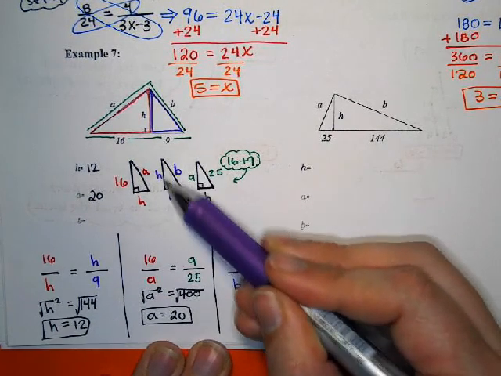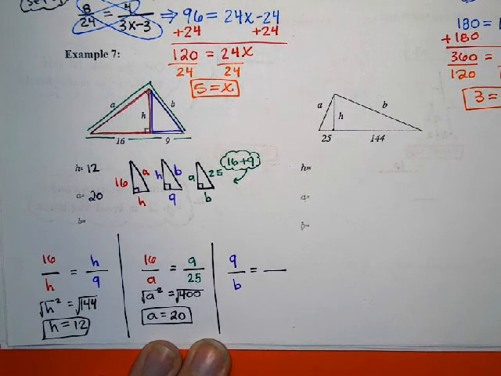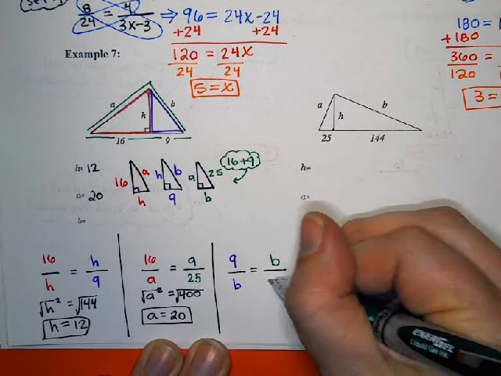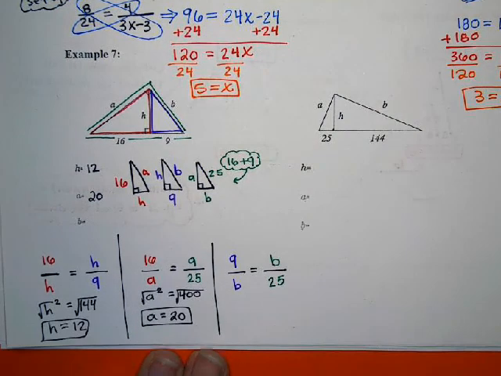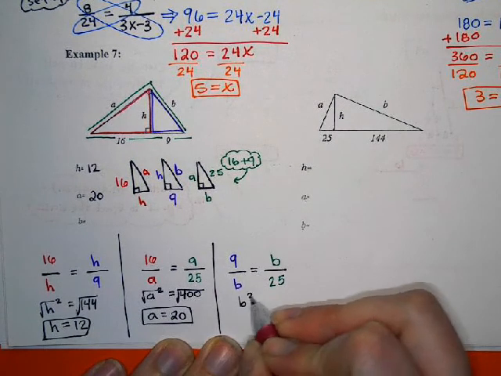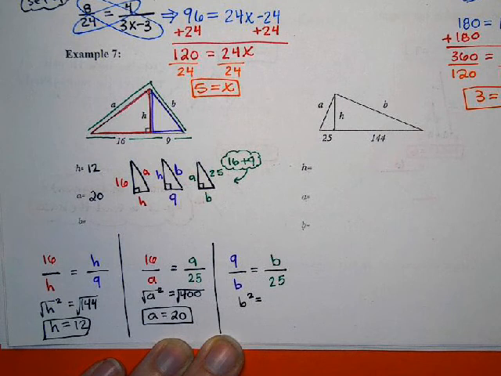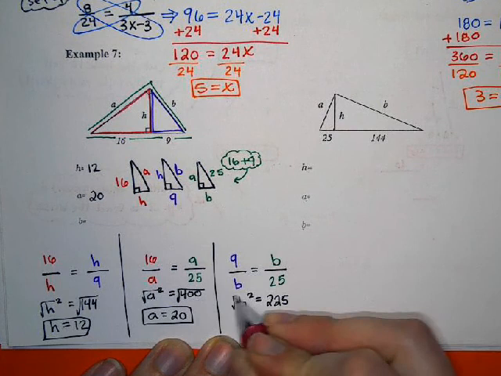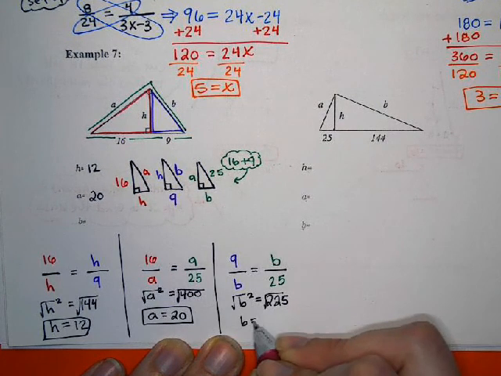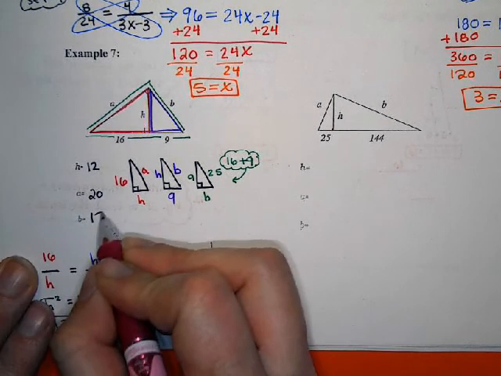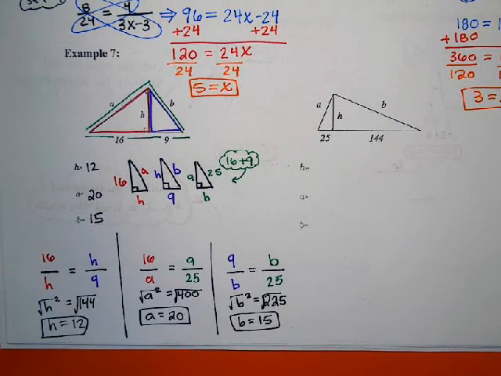It would be 9 over B and then B over 25. Okay, 9 over B for the purple. Then you went to the green. And what did you say? B over 25. That's good. Perfect. B times B is B squared. 9 times 25. Square root is 15.